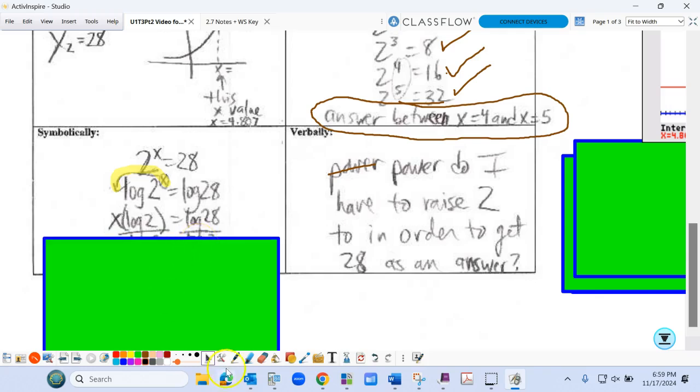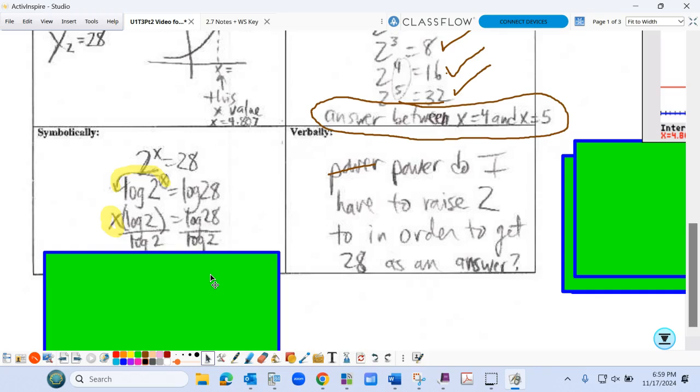And then remember, our goal in algebra is always to get the x by itself. So your last step is going to be divide both sides by log 2. So on your paper, you're going to write x log 2 divided by log 2. On the right, you're going to write log of 28 divided by log 2.